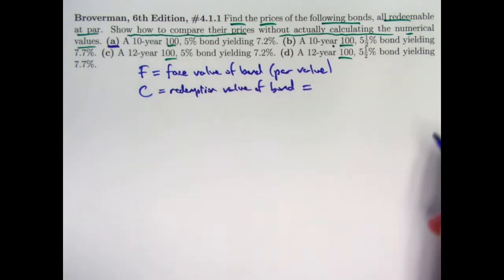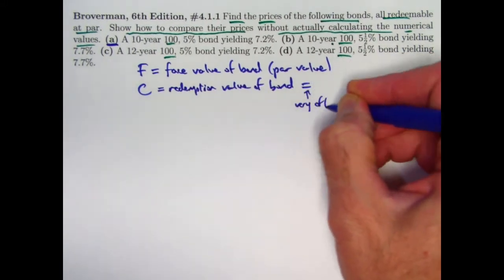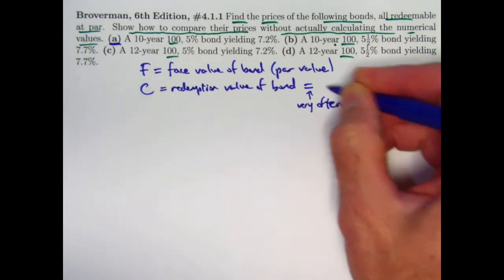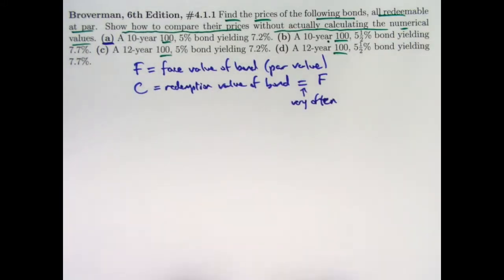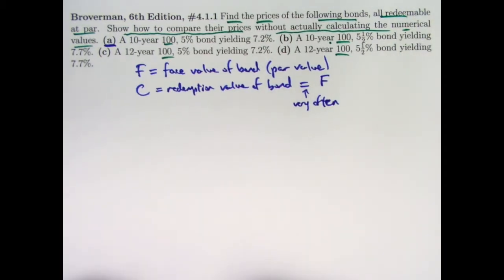And for most situations, very often, C is equal to F. The redemption value typically equals the face value, which is the par value. And that's emphasized here by saying this is redeemable at par. That is the typical case.